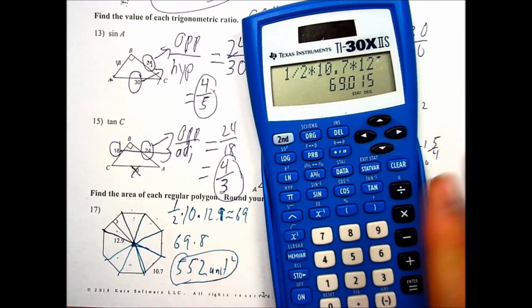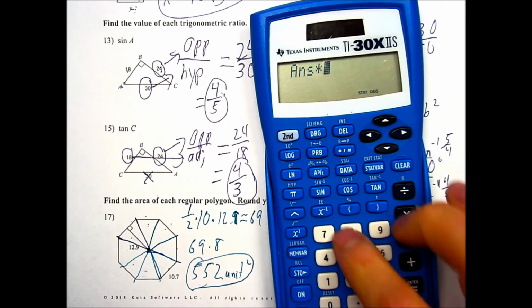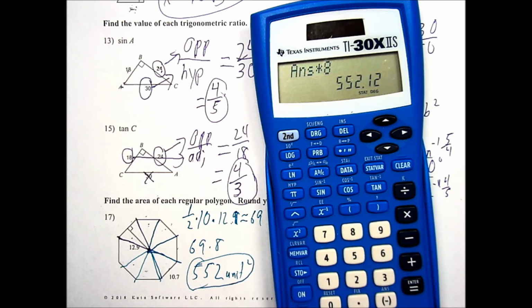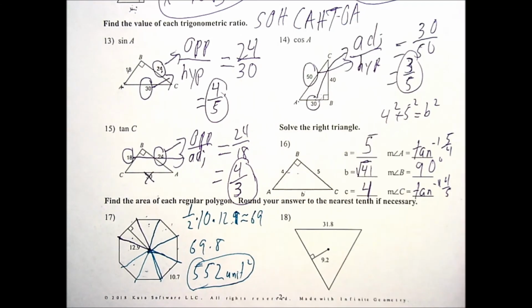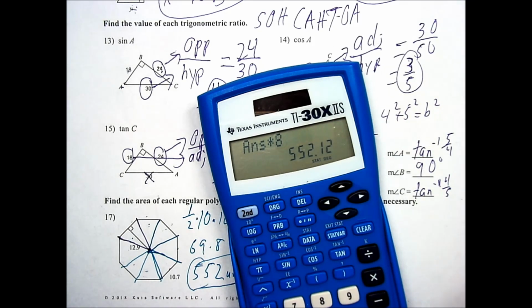That is 69. I did use 10.7, I just didn't write it down here. And then I times that by 8. 552.12 or 552 square units. It says round your answer to the nearest tenth, so that would be 552.1. But I usually don't take off for rounding here.